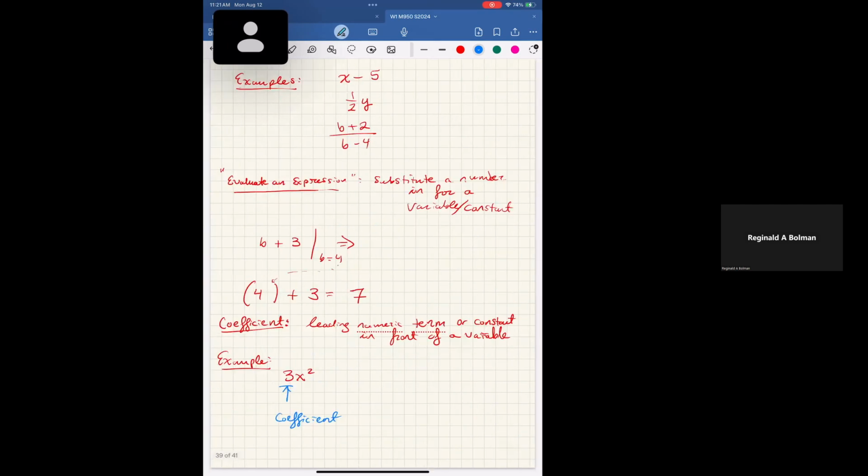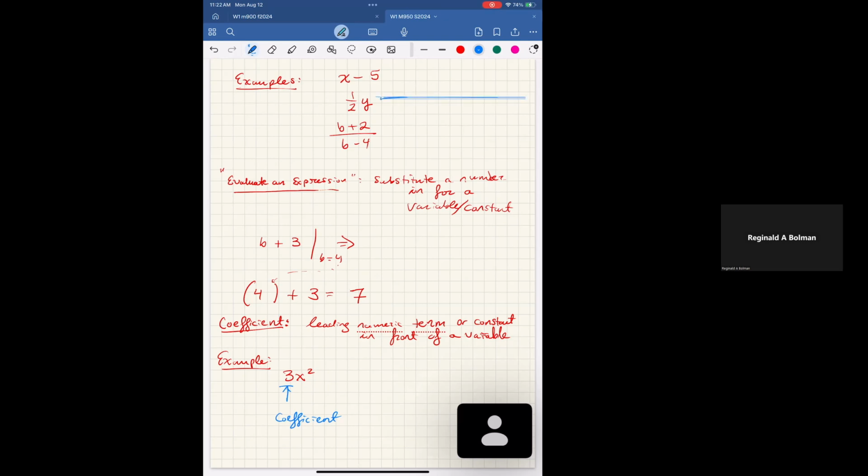But then there are also less obtuse, less abstract examples of algebraic expressions. Like you could just have, say, x minus 5, that is an algebraic expression. 1/2 y, that's an algebraic expression. It's saying you have 1/2 of this variable y, whatever that means. And then you have b plus 2 over b minus 4. That is also an example of an algebraic expression.